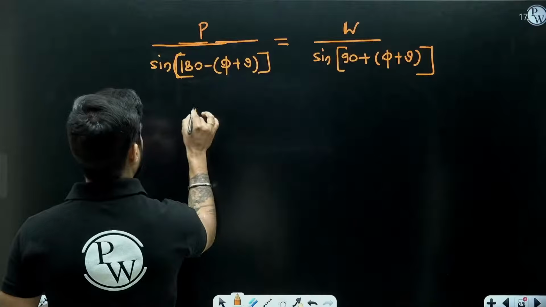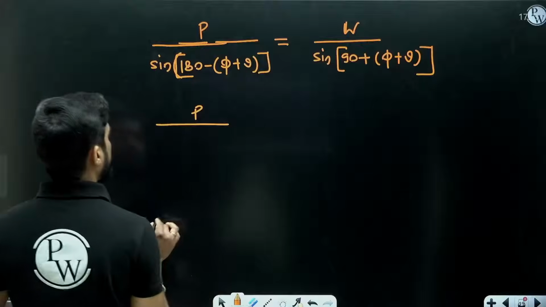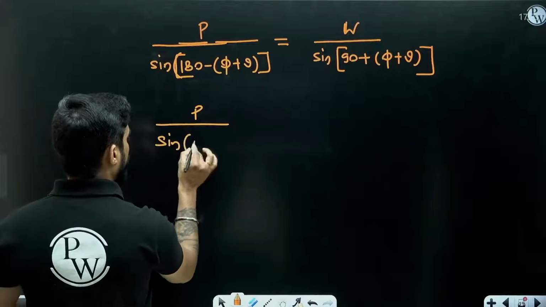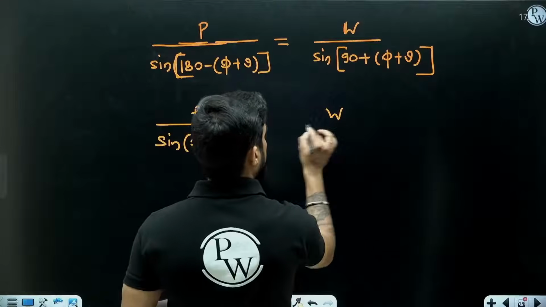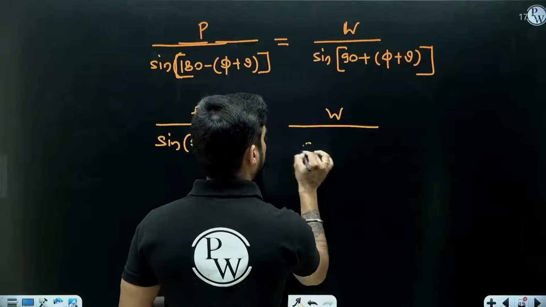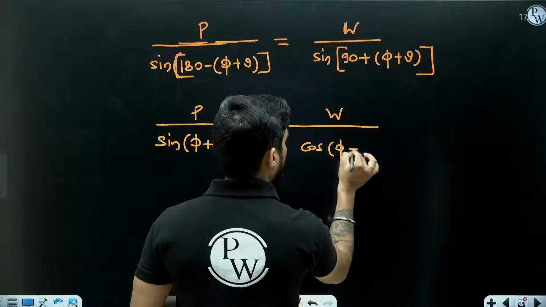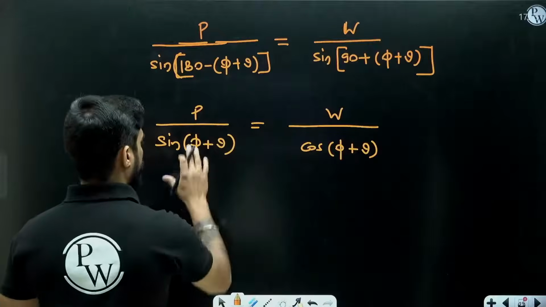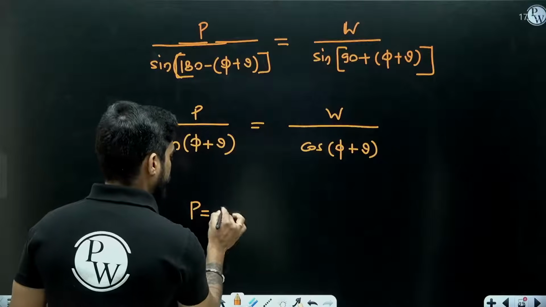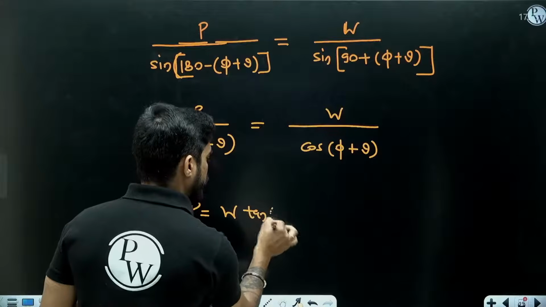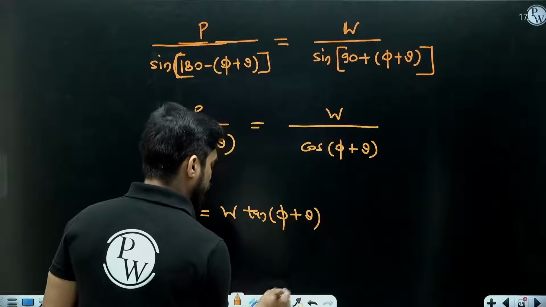Now sine of 180 minus some angle is sine of that angle. So this will become sine of (phi plus theta), and sine of 90 plus some angle will become cos of that angle. So if the sine goes here, it will become tan, no? So P equals W tan(phi plus theta).